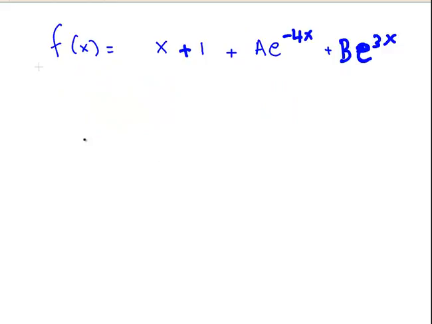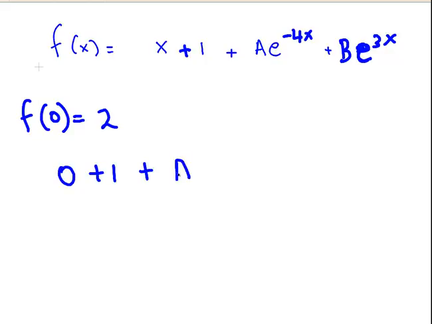Now, so far so good. What we know is that f of 0 is equal to 2. This is what we were told earlier on. So 0 plus 1 plus a times e to the 0, plus b times e to the 0, that's equal to 2.